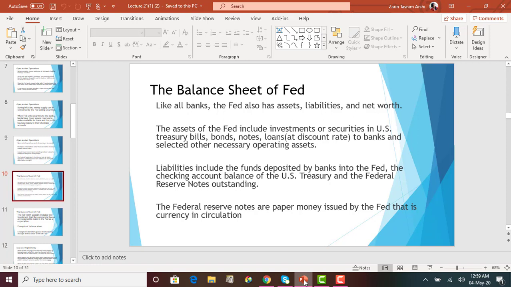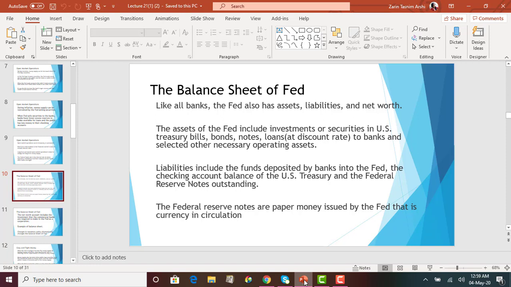Then treasury deposits, that's like IRS deposit. Another thing that's a liability for the Fed is the Federal Reserve notes outstanding. So you must remember, this is important, the Federal Reserve note is a liability for the Fed. What is the Federal Reserve note? It's basically the paper money that the Fed issues. Remember, money is issued by the Fed, right?